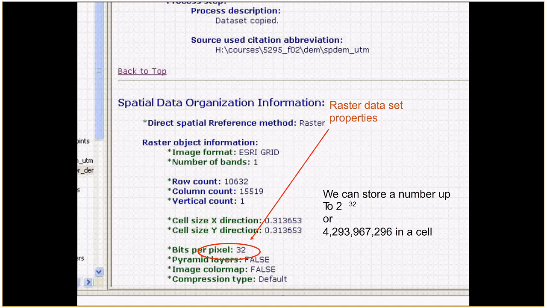You would not use a 32-bit data set for storing all the counties in Mississippi. How many counties are there in Mississippi? 82. 82, which is a lot of counties. Well, a lot of counties for a number of counties, right? But if you wanted to store a unique number for each county, you wouldn't need a 32-bit number.